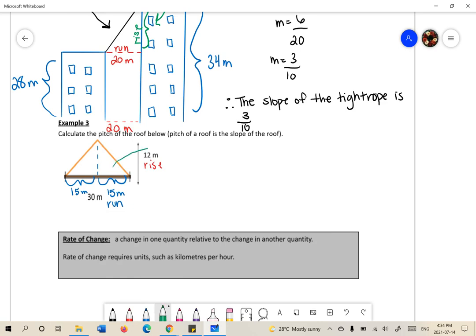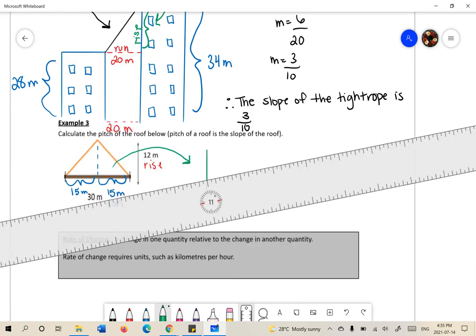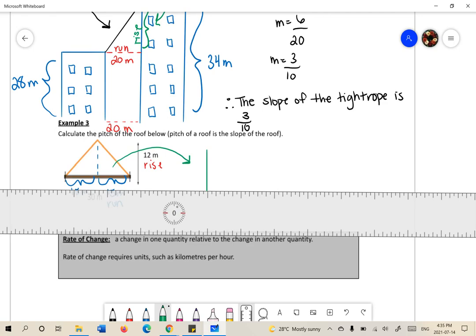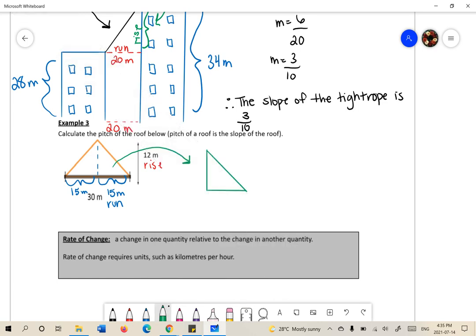So redrawing half of this roof so that it's easier for us to see. My run is 15, my rise is 12, and I'm trying to find my slope.